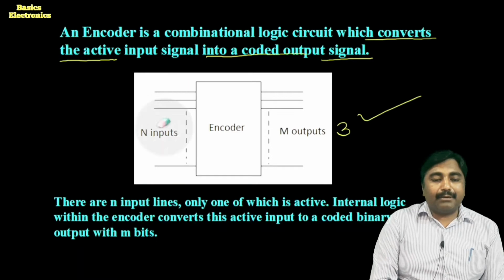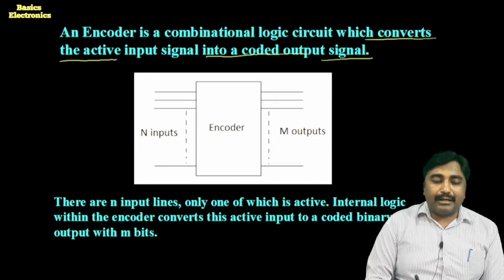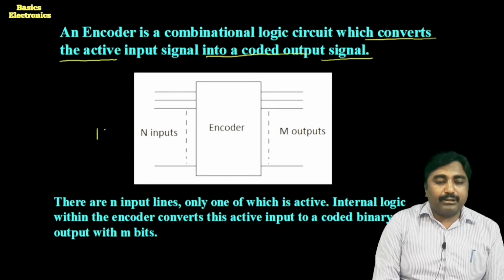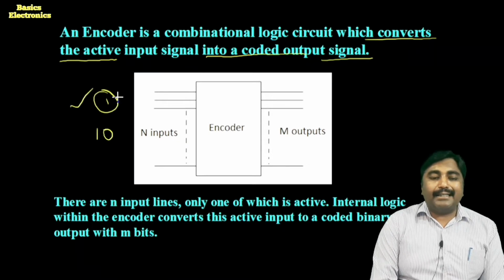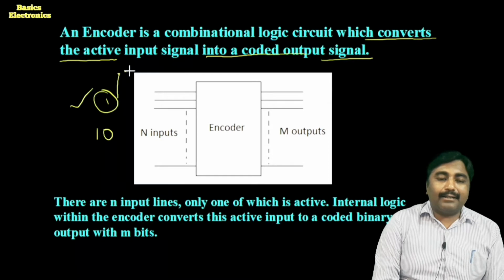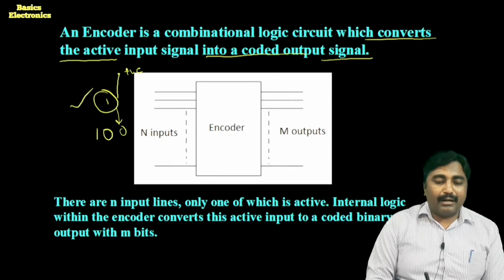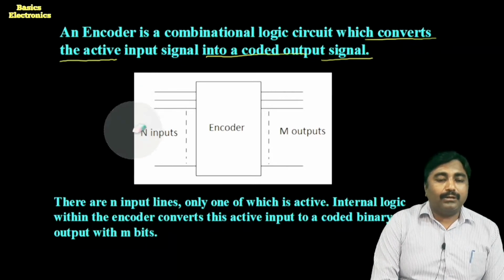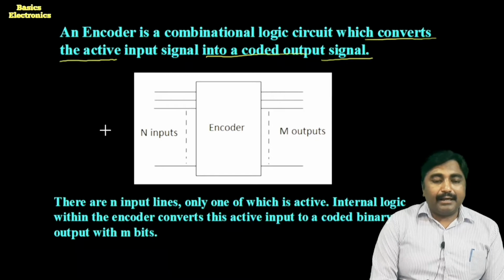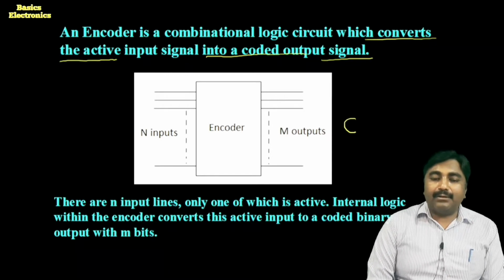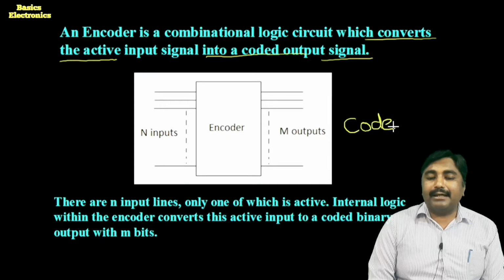Now the other example we can consider. Suppose there are 10 inputs, and from them only one is active, either connected to logic 1 or to logic low. Then we call it the active input. So the active input is converted into the coded form.